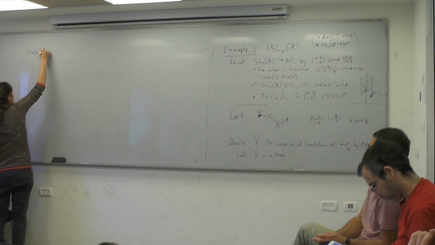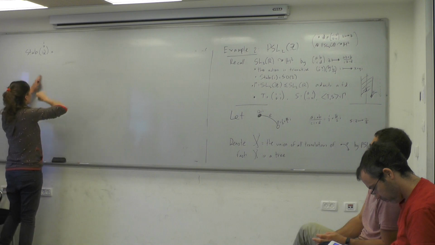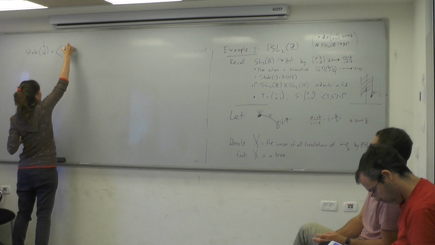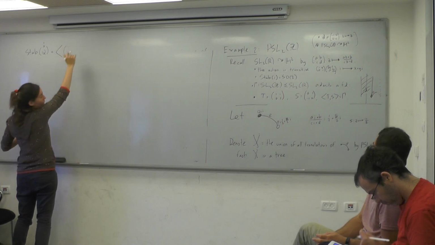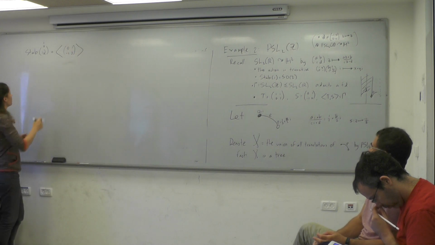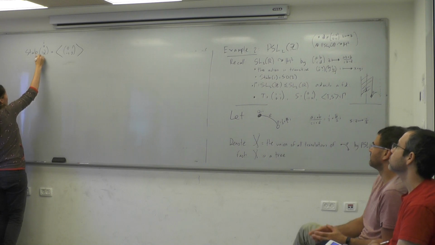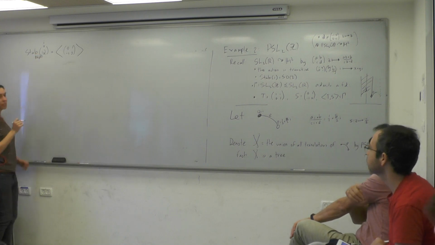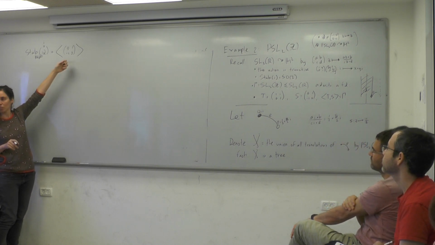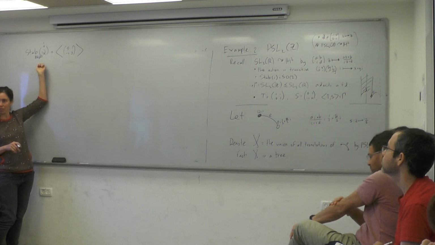The stabilizer of Q, so Q is actually i. You can calculate it. It comes out that it is the subgroup generated by S. Okay, so that is the stabilizer inside PSL2Z. Inside PSL2Z, you see this matrix squared gives you minus 1, which is already trivial in PSL2Z.